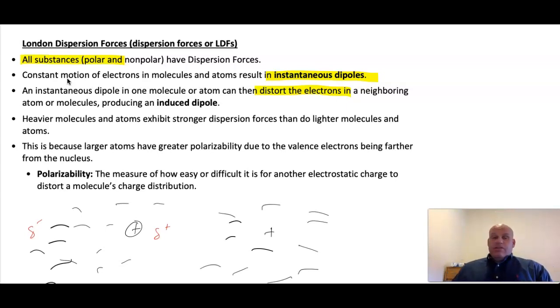So if all of a sudden this atom or molecule gained this partial positive, well, then that's going to attract more electrons in a neighboring atom or molecule. And again, we get this region of negative and region of positive, and we get this dipole interaction.